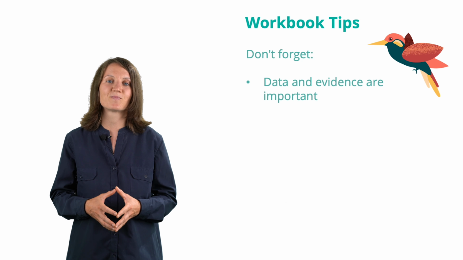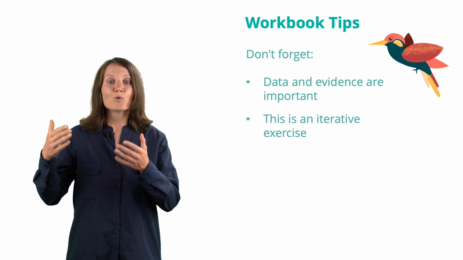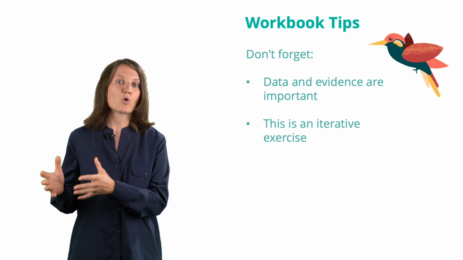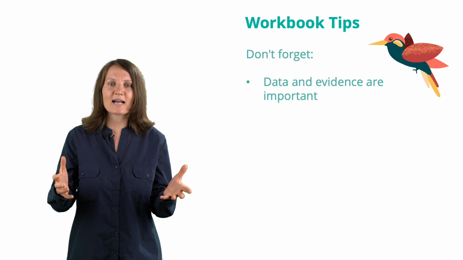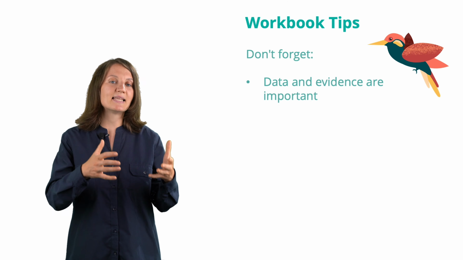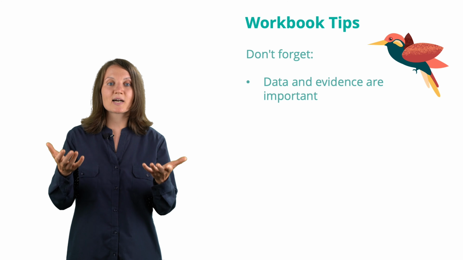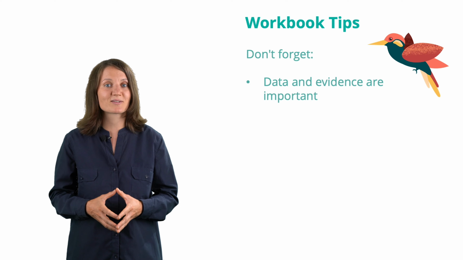A problem tree is an iterative exercise. Do it once at one go by yourself or with your team. Come back to this exercise several times later. Ask for opinions and ideas from your team and stakeholders. Make sure you feel comfortable with all the statements.